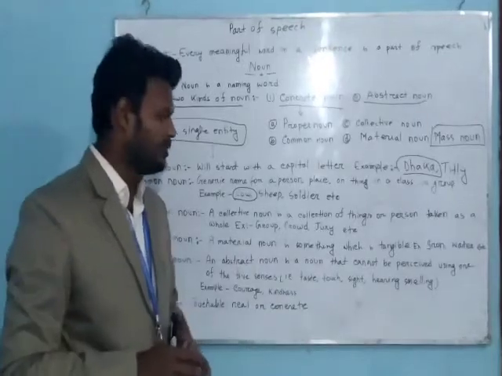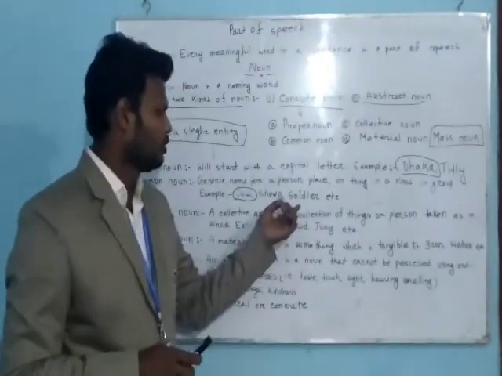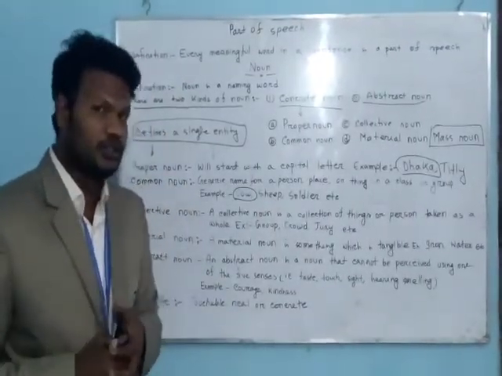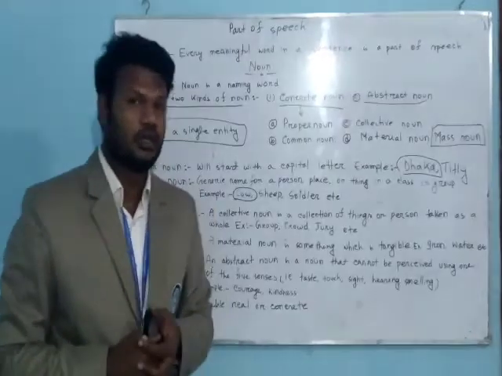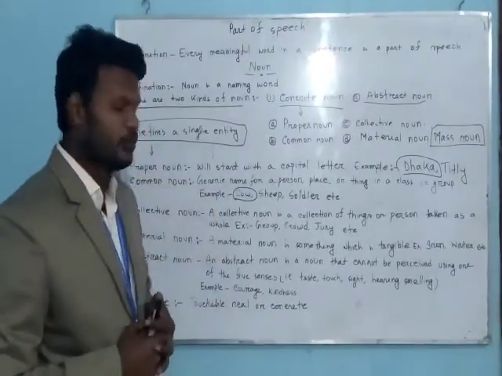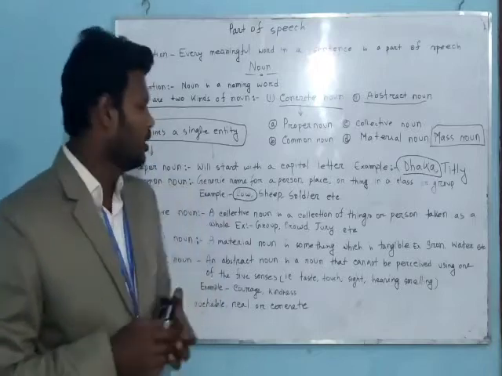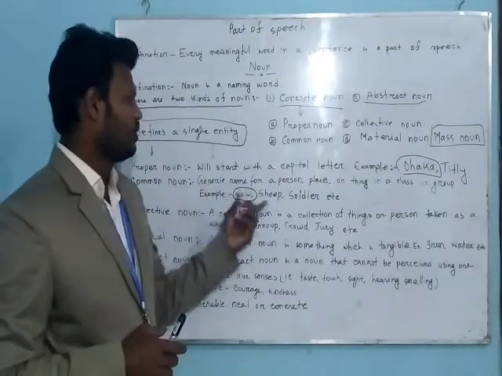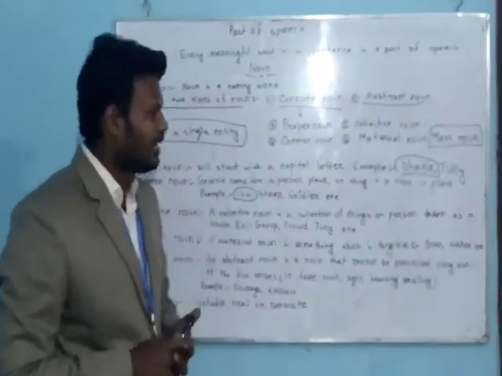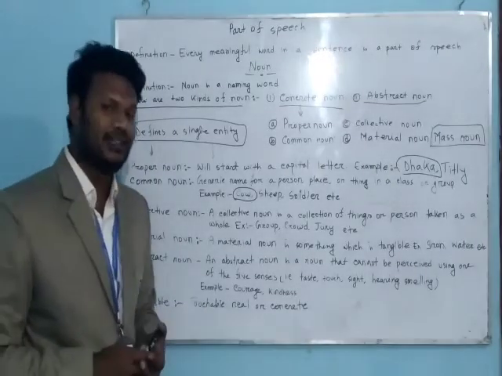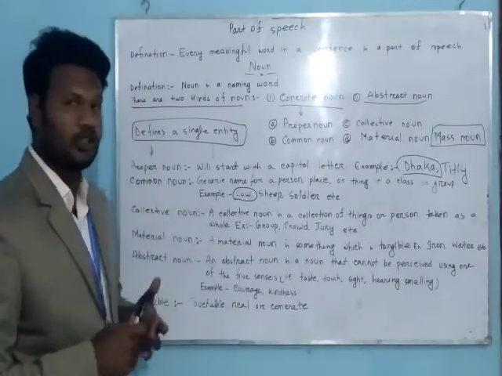If I say sheep, that is all the sheep in the world. And soldier means not only a Bangladeshi, Indian, or American soldier; soldier means all the soldiers in the world. So a generic name for a person, place, or thing in a class or group is known as count noun. I hope you have got it.